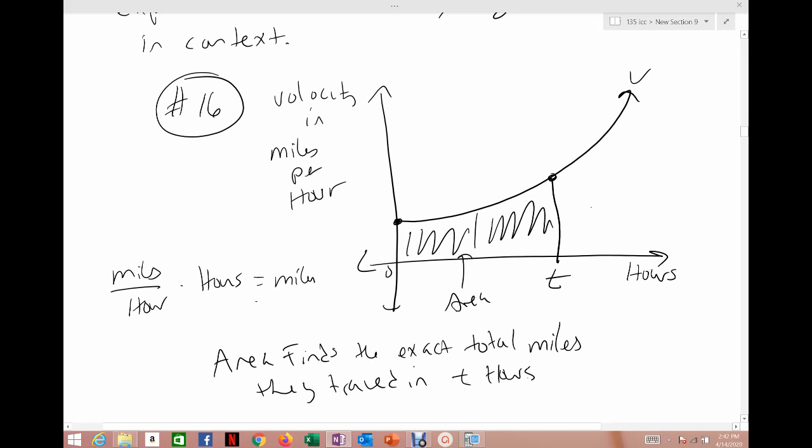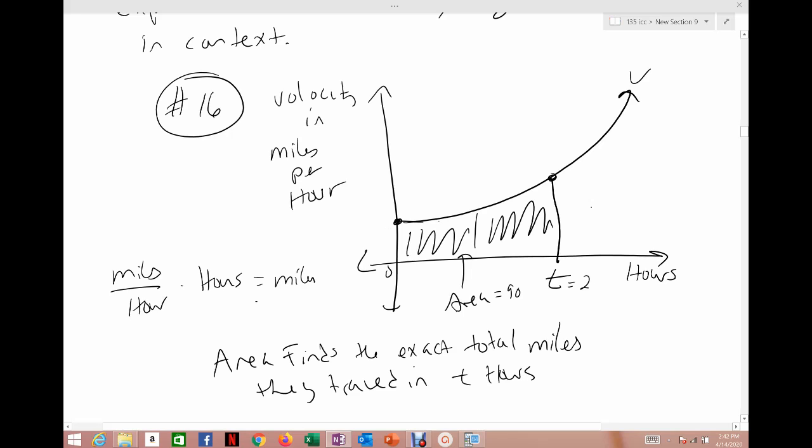An example would be, suppose I know the area is 90 and the time is 2. Then that 90 would mean they traveled 90 miles in 2 hours. That's the total distance they're traveling.